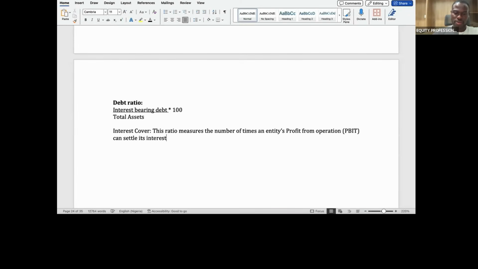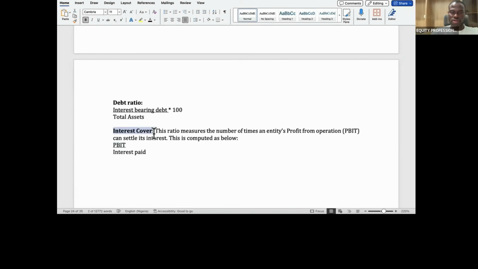How many times can your PBIT settle your interest? It is computed as your PBIT, or profit from operations, all upon interest paid or payable. This one is in number of times, so you would not be multiplying it by 100.